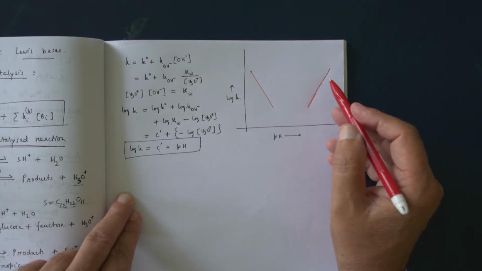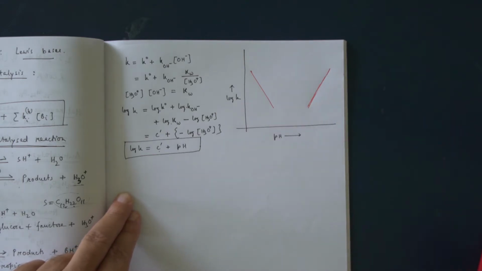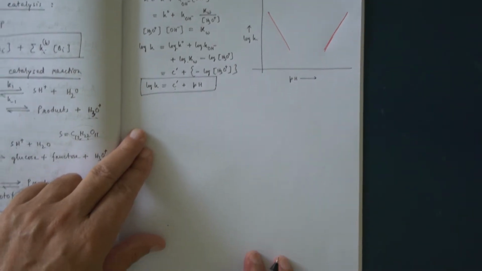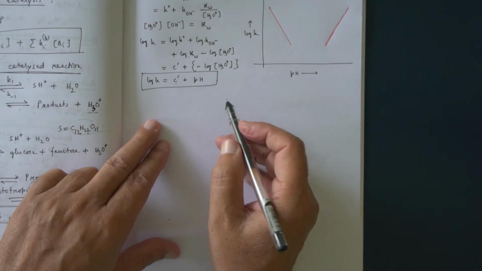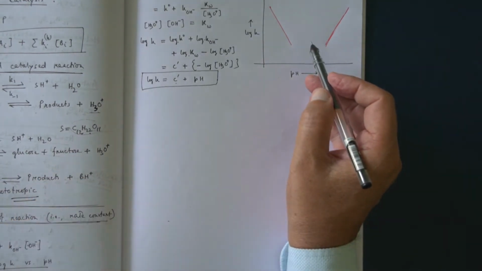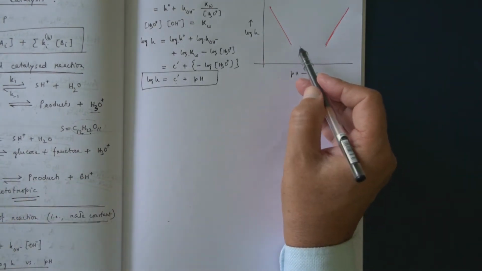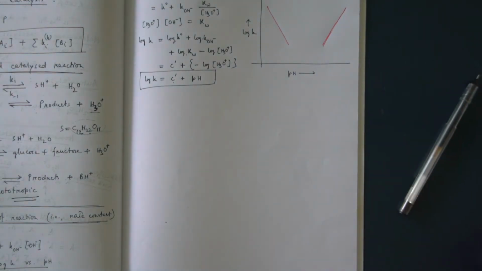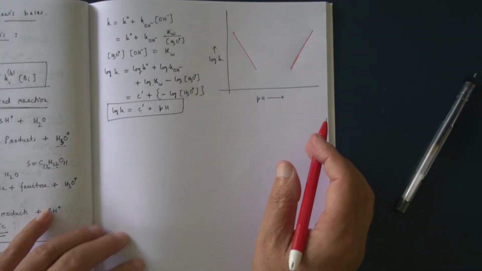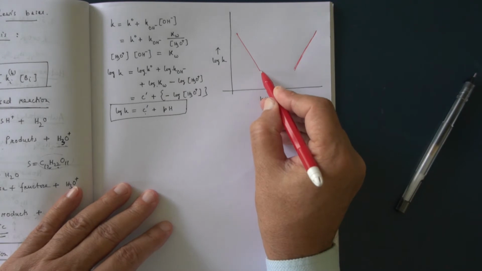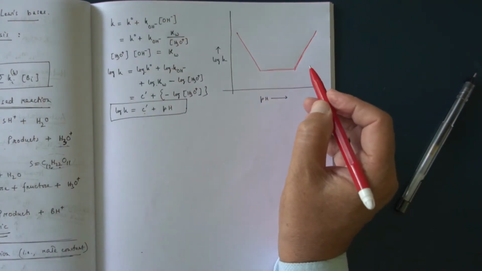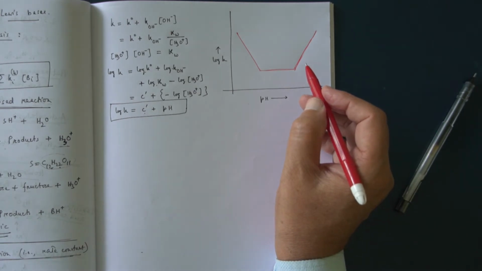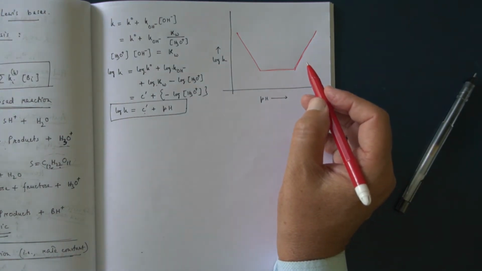Now suppose the reaction is catalyzed by both. If the uncatalyzed reaction is also present, then we will get this horizontal portion.